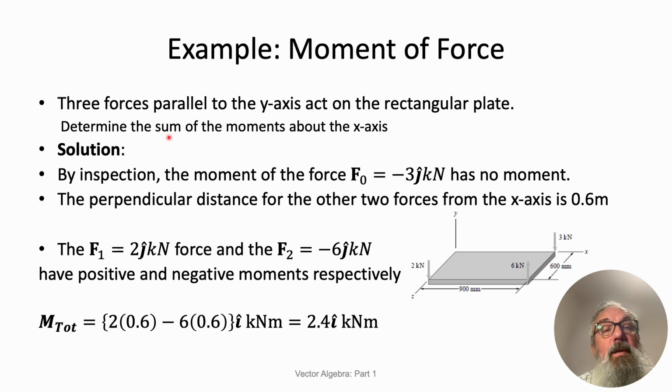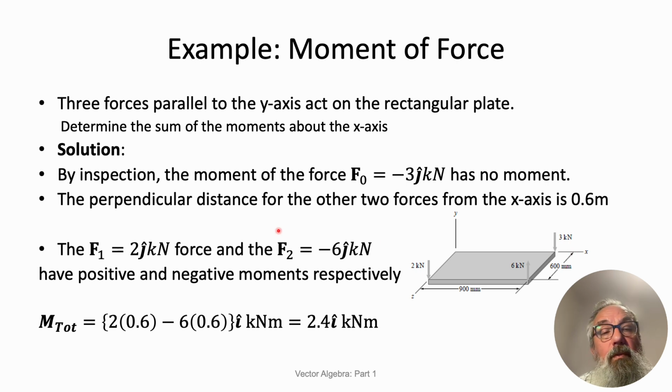The question is, determine the sum of the moments about the x-axis. So here's the x-axis. First thing we can see is that the 3 acts through the x-axis, so causes no moment. The perpendicular distance of the other two is 600 millimeters or 0.6 meters from the x-axis.